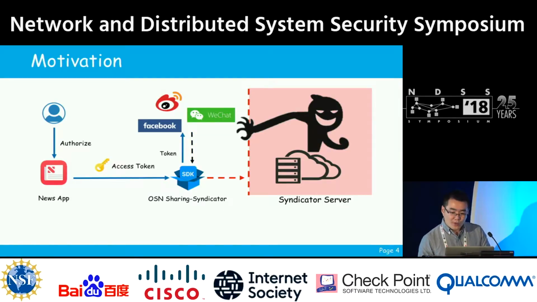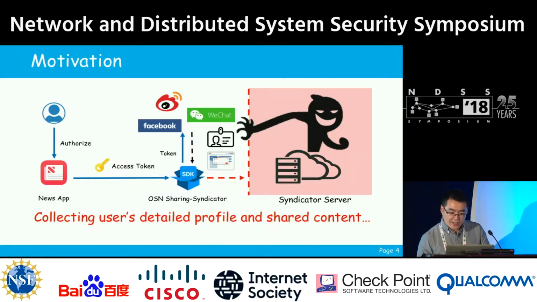What's more, we found that using the acquired access token, this syndicator also collects all the user's available sensitive data, including her detailed profile, together with the shared content, to its own server.